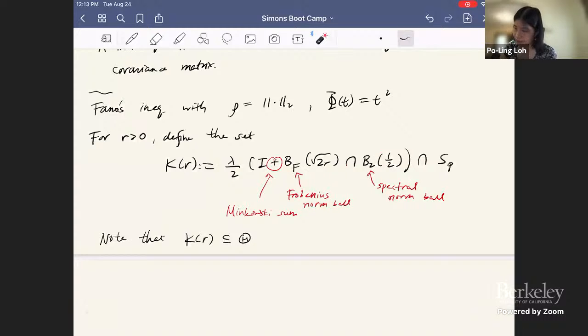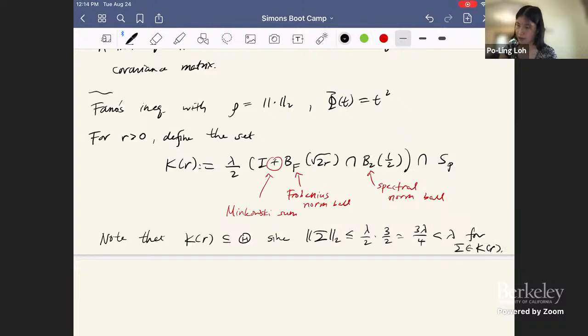You can check that you're taking a matrix with spectral norm bounded by 1/2, so you get something with spectral norm bounded by 3/2 by the triangle inequality. Since the spectral norm of any sigma in the set is bounded by lambda over 2 times 3/2, equals 3 lambda over 4, which is less than lambda for sigma in K of r.